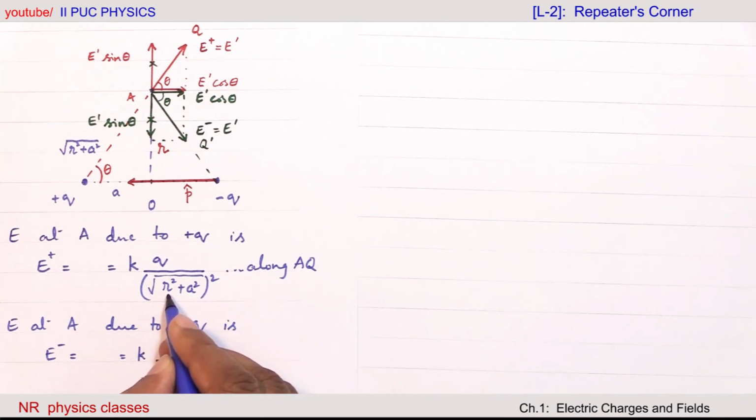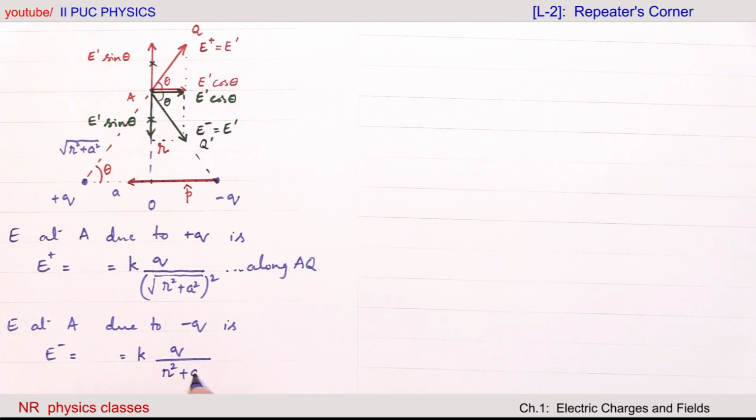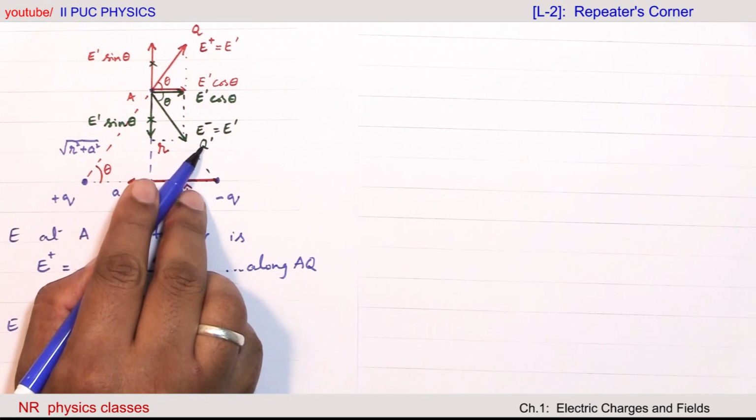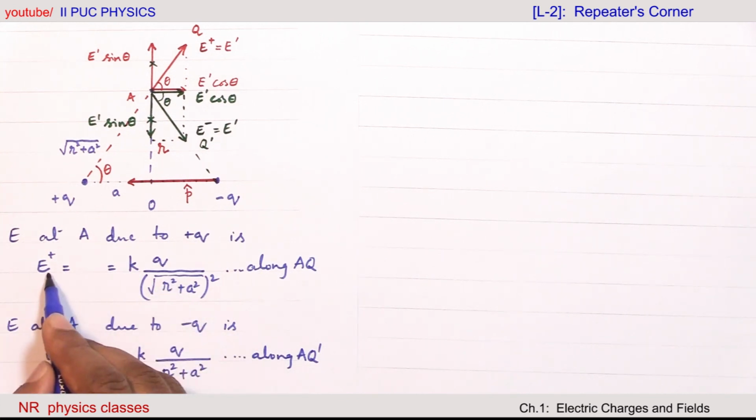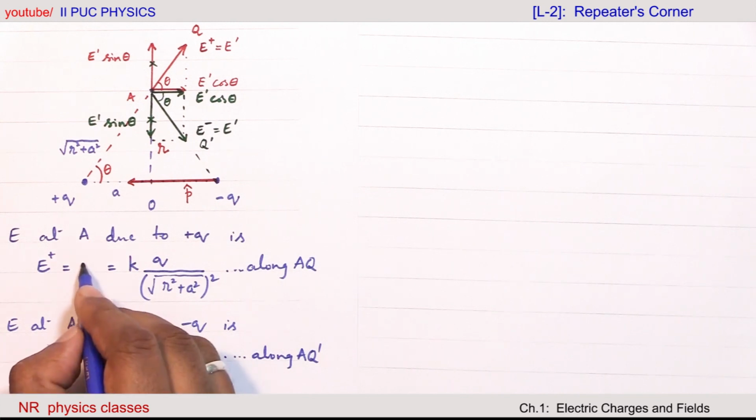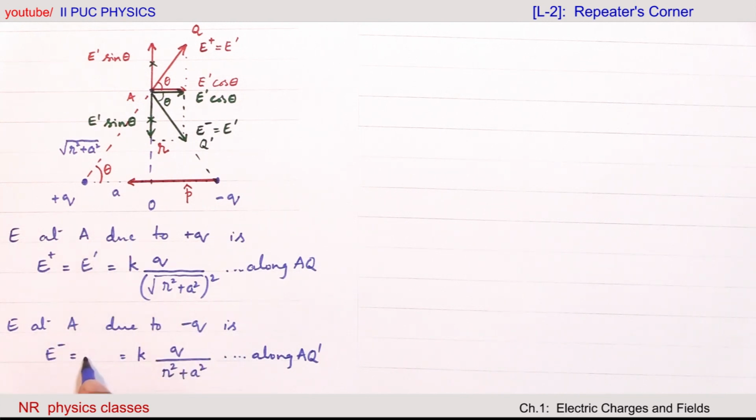So in the denominator we can just write r square plus a square. Direction is along AQ dash. See, this equal to this. Magnitude of this electric field equal to this electric field. That is why denoted by E dash.